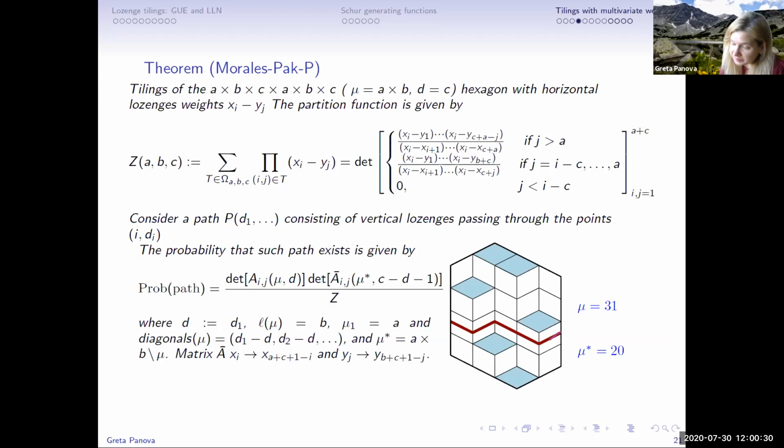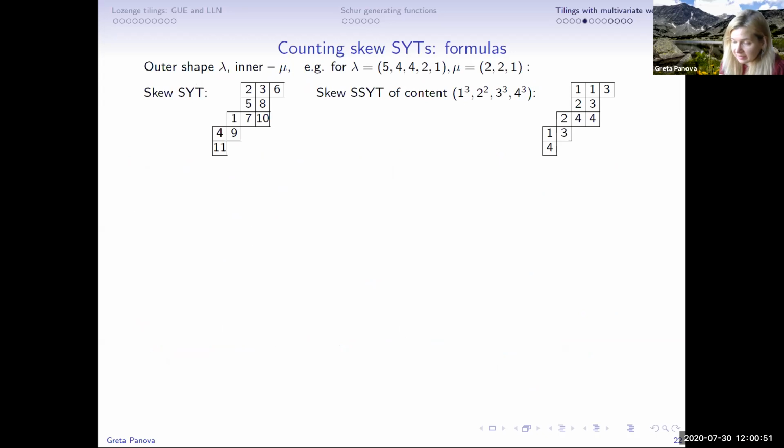And I will say in a moment what these formulas are useful for, and what this model could be useful for towards algebraic combinatorics. So let me just say where this all came from. So it's quite different from what we were talking about earlier. So let's start with a problem.